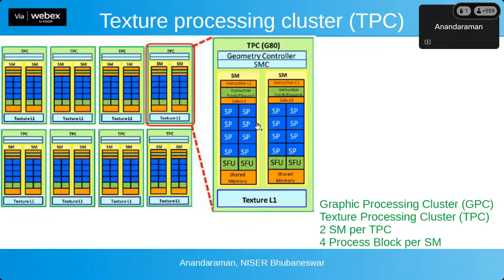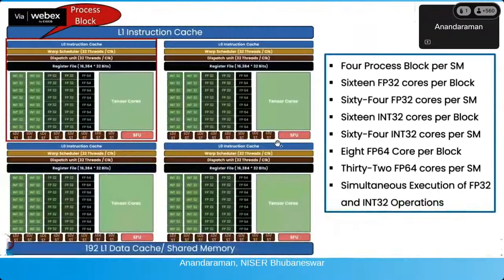There are 16 floating point 32 cores per block, so 16 into 4, 64 cores per SM, because each SM has 4 blocks. Then 16 integer 32 cores per block, again 64 per SM, because there are 4 blocks per SM. So like that it is there.